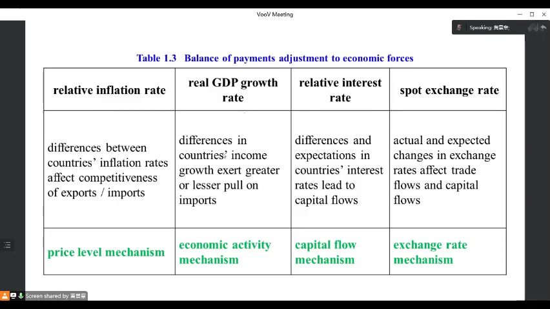Real GDP growth rate will influence one country's imports, and it also influences one country's exports.